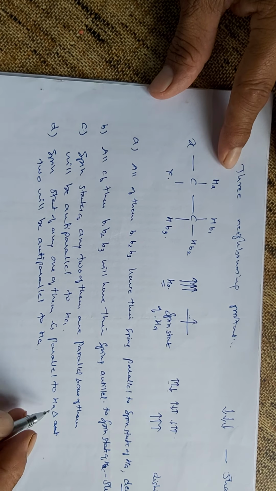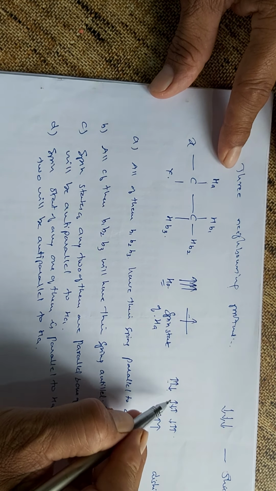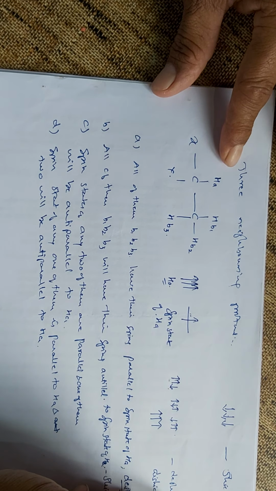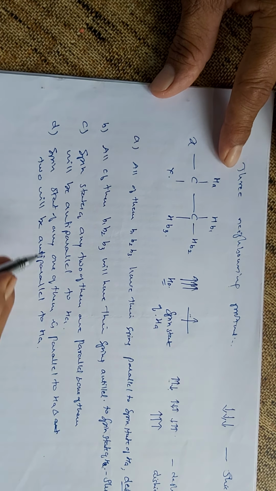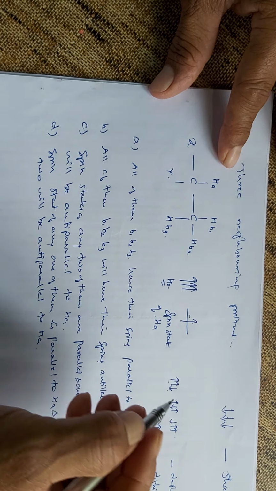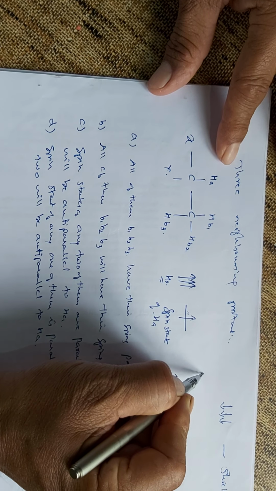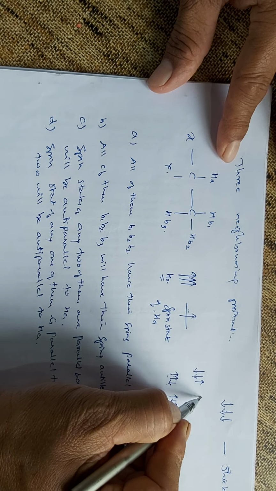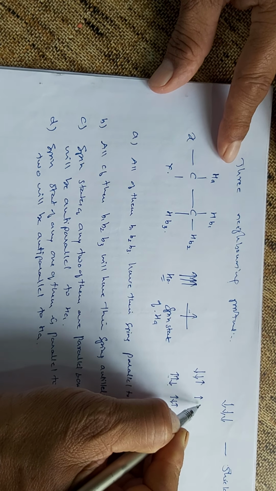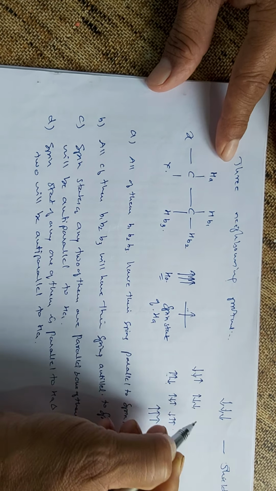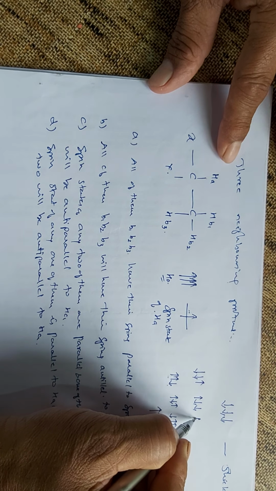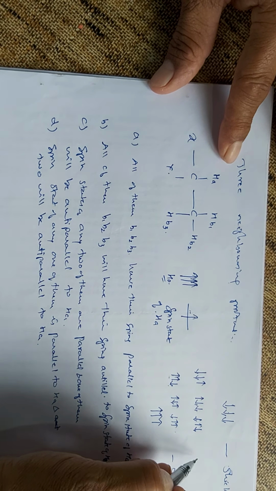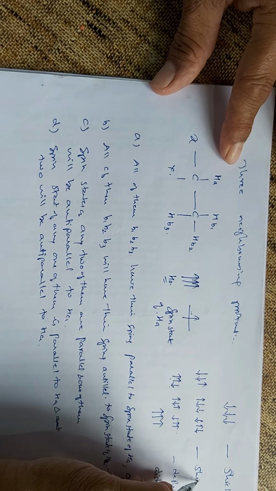And so here, when two are parallel, this will cause de-shielding. And when two are antiparallel and one is parallel, in this way this will be parallel and these two will be antiparallel, and here this is antiparallel, this is parallel and this is antiparallel. So this will cause shielding.